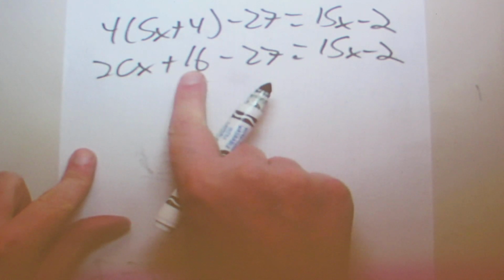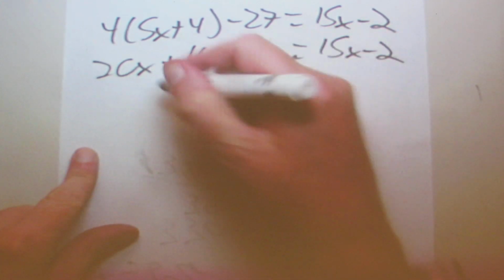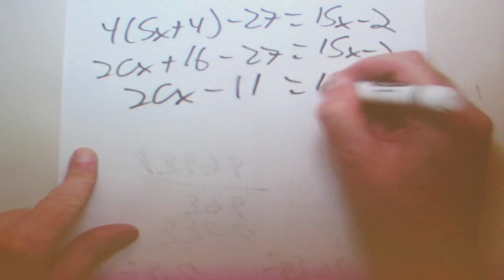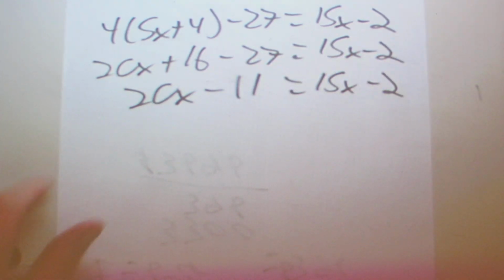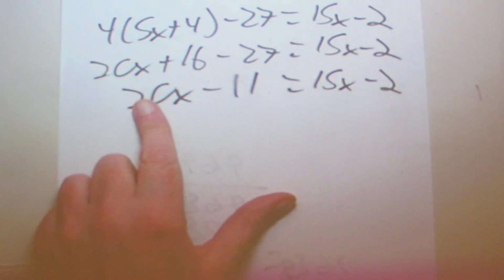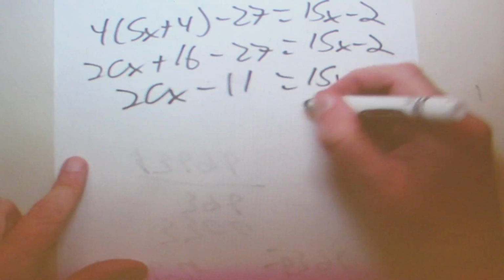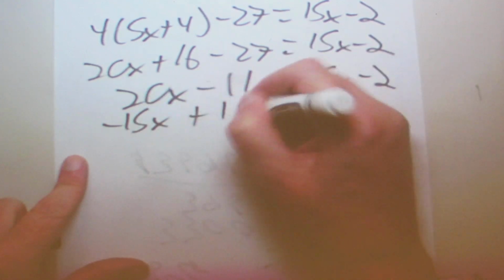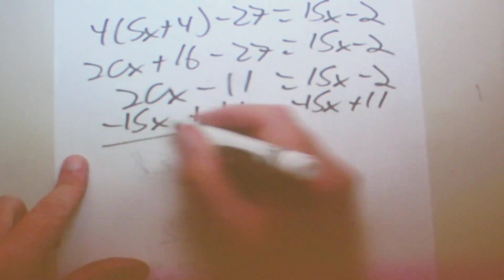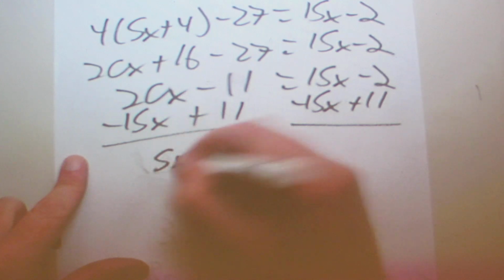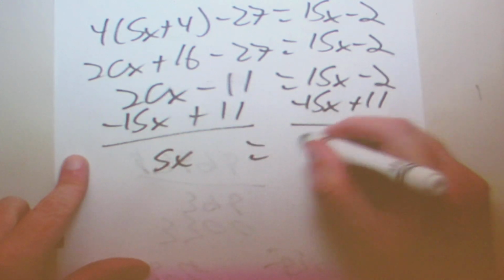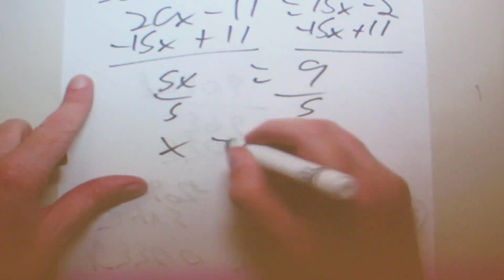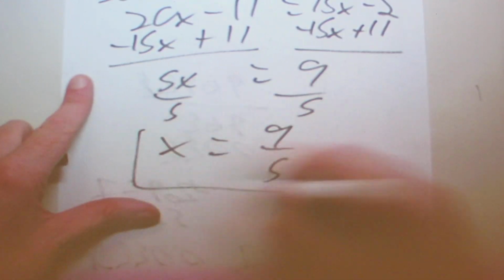So we're going to combine the 16 minus 27. We're going to be left with 20x minus 11 equals 15x minus 2. Now I'm going to bring all my x's to this side and my numbers to this. So minus 15x, plus 11 plus 11. We're going to have 5x equals 9, divide both sides by 5, and x equals 9 over 5.